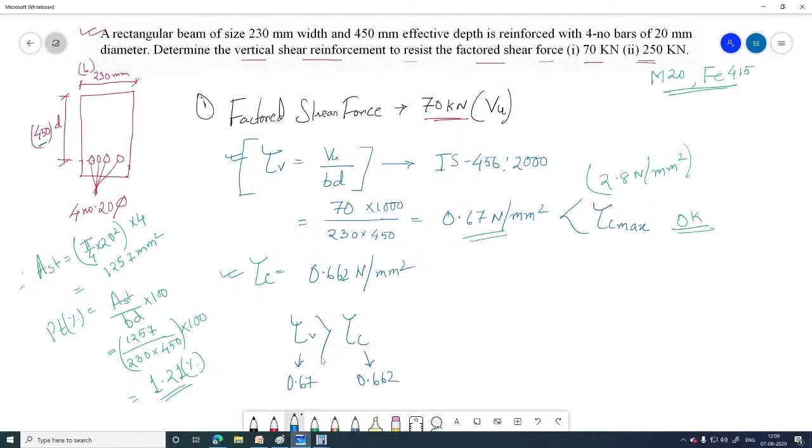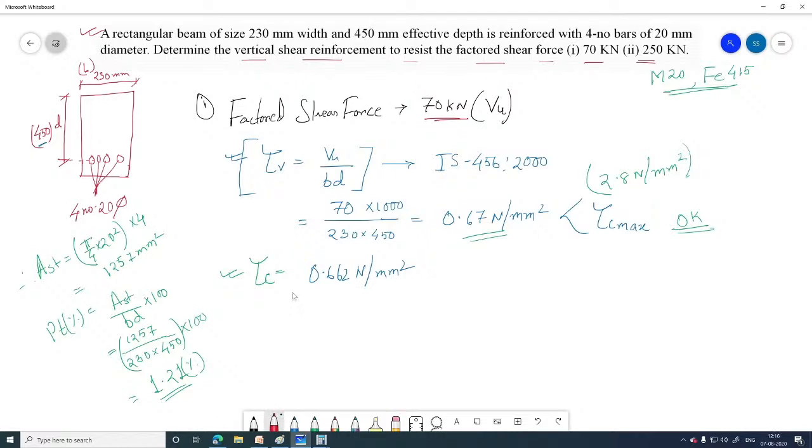That means it is greater than tau c. So shear reinforcement should be provided, right? So if the shear reinforcement is provided, I need to see the code and use the equation and determine how much shear reinforcement is provided, right?